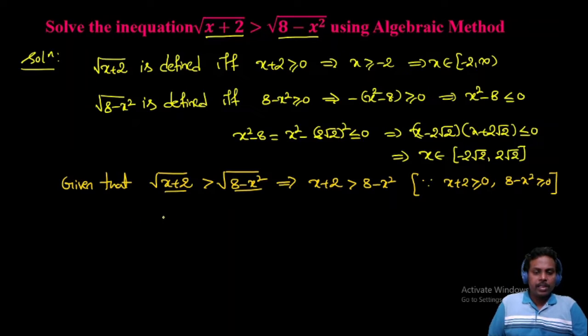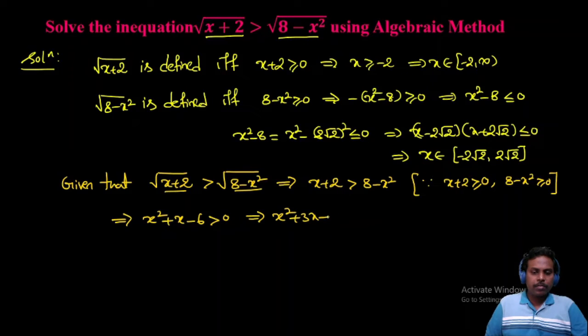Now let us rearrange this. We get x square plus x minus 6, bringing all these terms this side, is greater than 0. So this is x square plus 3x minus 2x minus 6 greater than 0, and this can be written as x into x plus 3 minus 2 into x plus 3 greater than 0.